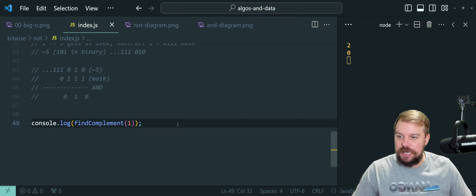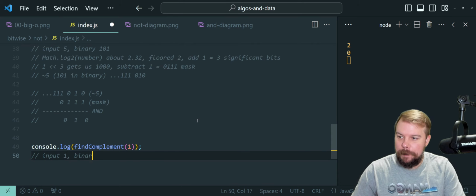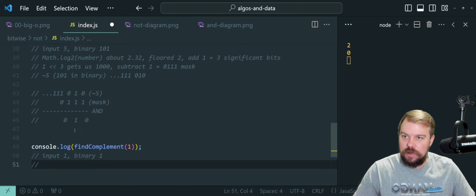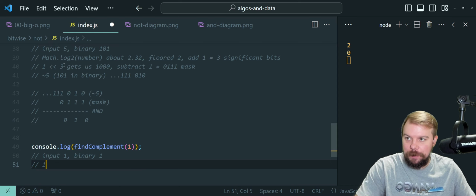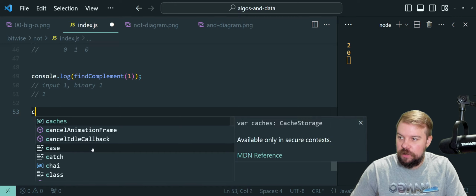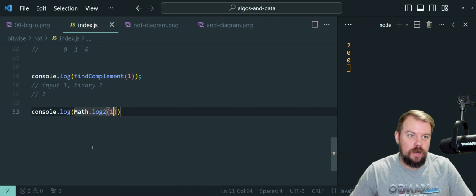So, in our case here, we get an input of 1. Binary is, well, also 1. Our Math.log2 floored, add 1 gets us a significant bit count of also 1 because that's how long it is. Let's test it really quick. So let's go ahead and do a console log of 1.